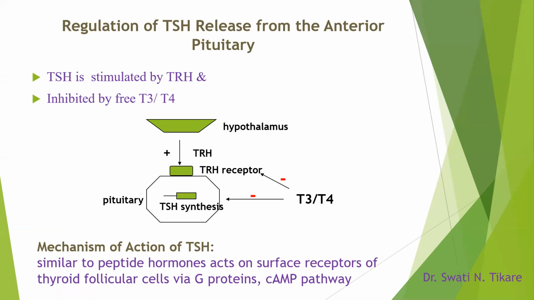In the thyroid gland, the follicular cells must be having these TSH receptors. So the mechanism of action, similar to a peptide hormone, is acting on surface receptors of thyroid follicular cells via the G proteins producing the cyclic AMP pathway. For all anterior pituitary hormones, this is the mechanism.